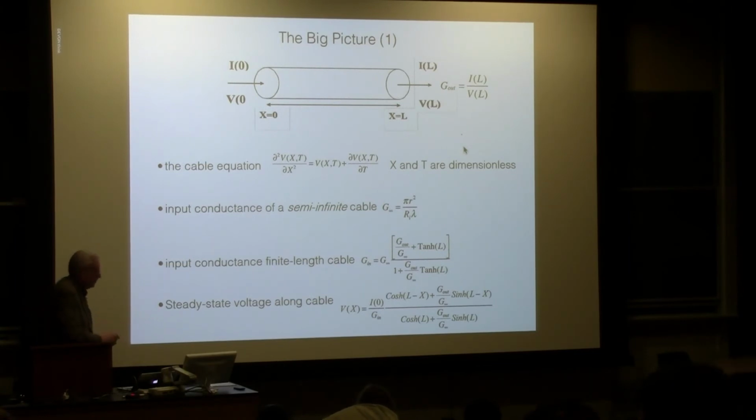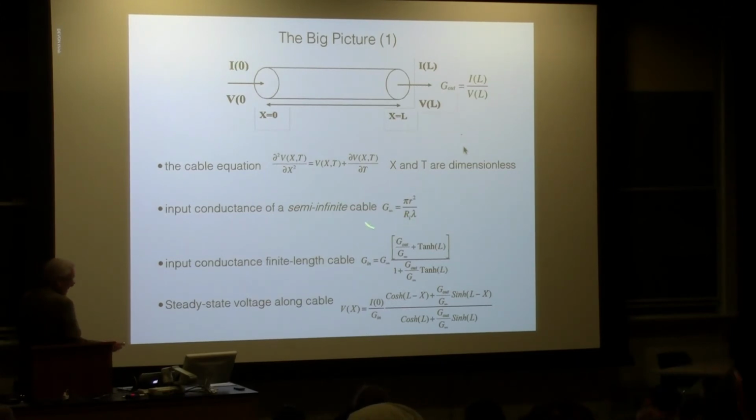And it turns out that if I know the radius of the cable and I know another quantity which is the axial resistance, the resistance to current flow per unit length along the cable, capital R sub i, there's a relationship for this. We know the input conductance of a semi-infinite version of this cable. It's pi r squared over r sub i times this thing called lambda.